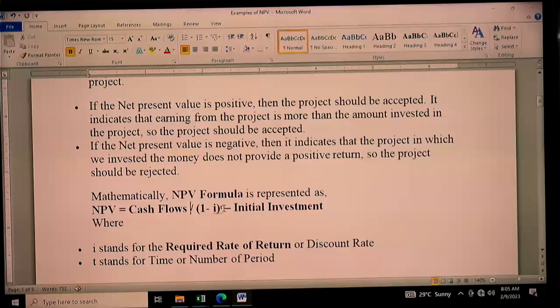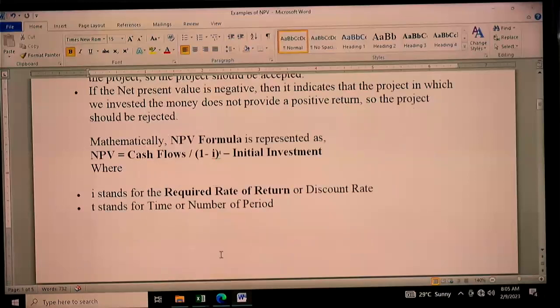For now, we are going to use this formula here. It gives us the same answer. Here, the i stands for the required rate of return, and t stands for the time, that is the number of periods. So if you are to insert that formula here, how will the formula be?